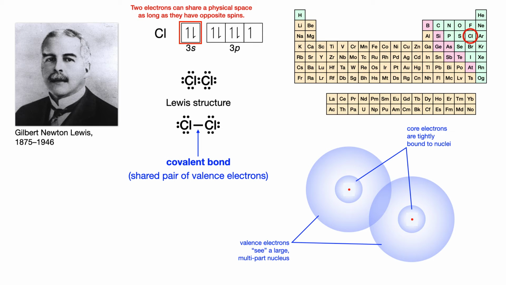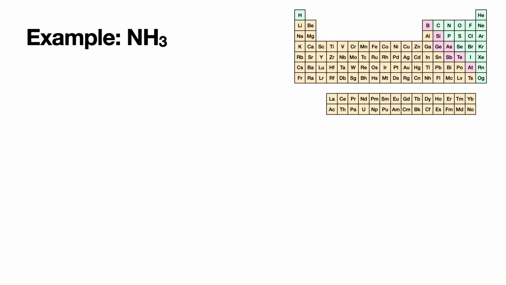So I want to look at a couple more examples to just show you how this pattern plays out. So the next example I want to look at is the molecule called ammonia. It has the formula NH3, and I'm going to construct its Lewis structure in a systematic way.